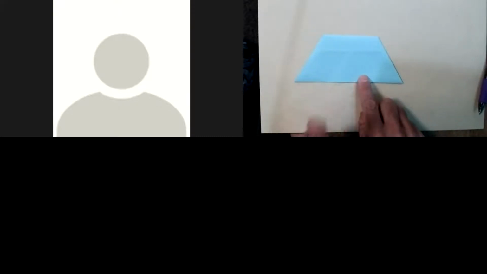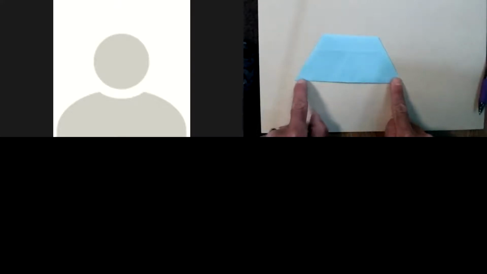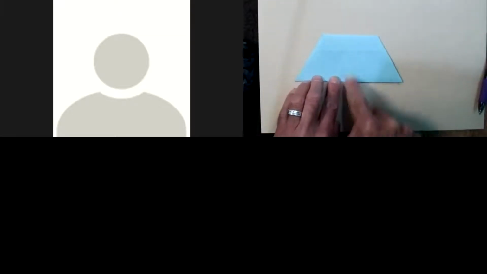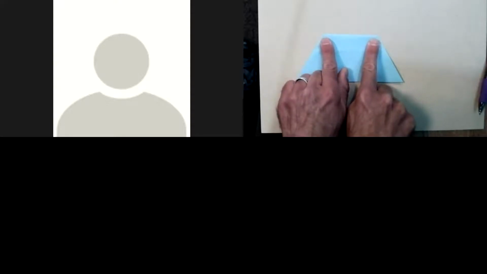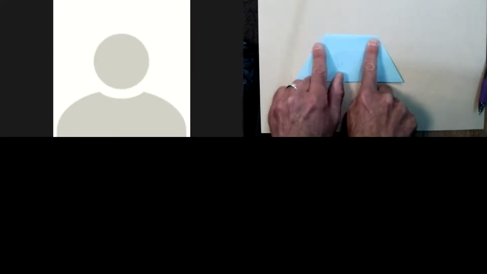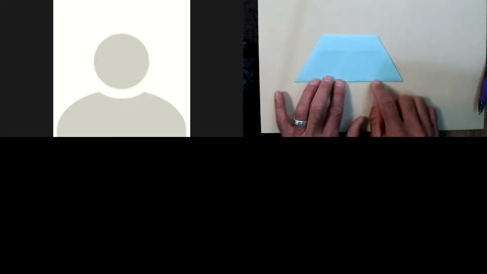Now this trapezoid has another property because this angle down here matches that angle due to the original triangle. And because these two sides are parallel, this angle and that angle are also going to be equal. So this right here is called an isosceles trapezoid, kind of like an isosceles triangle.